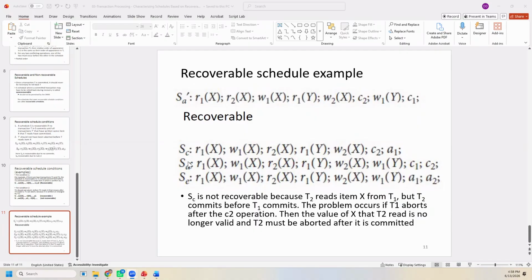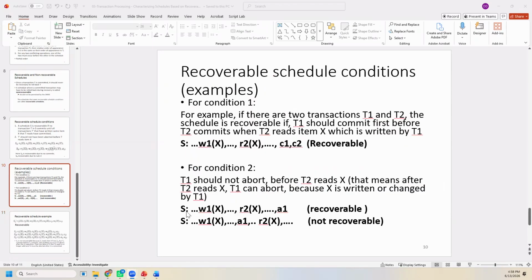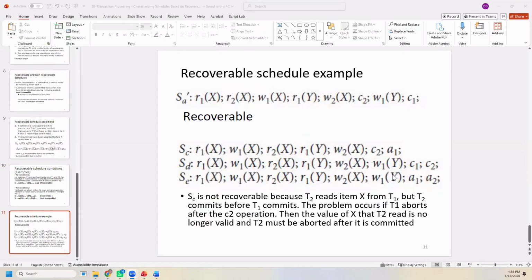Then we don't need to think about condition 2 because condition 1 is already satisfied. Then Schedule E, what happened?